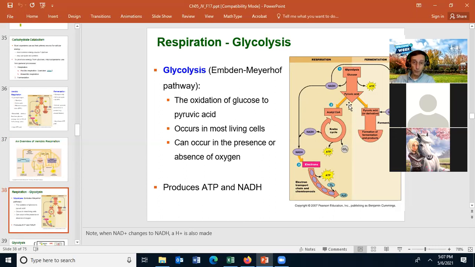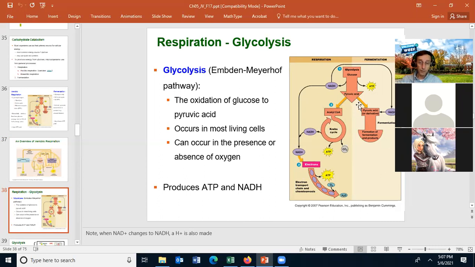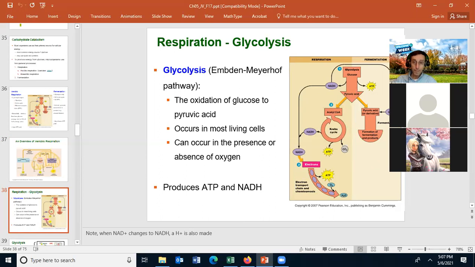This is showing you the general steps of respiration and fermentation, and we'll talk more about fermentation later today. Important part: glycolysis, first step of aerobic respiration, and then there's a preparatory step in the Krebs cycle, and then the electron transport chain.